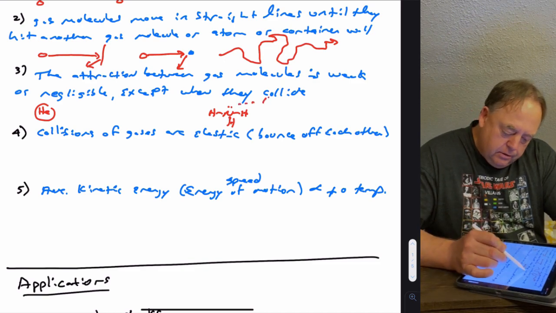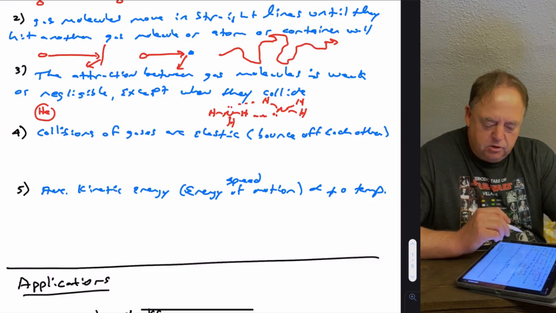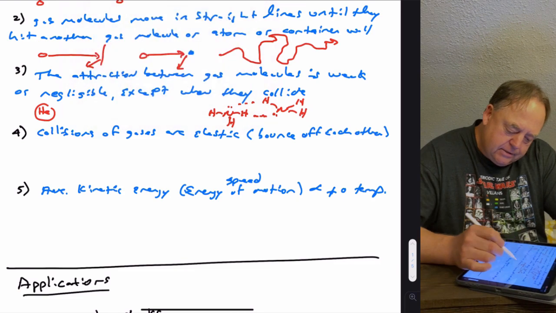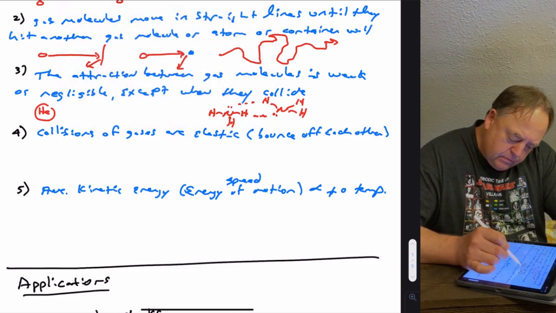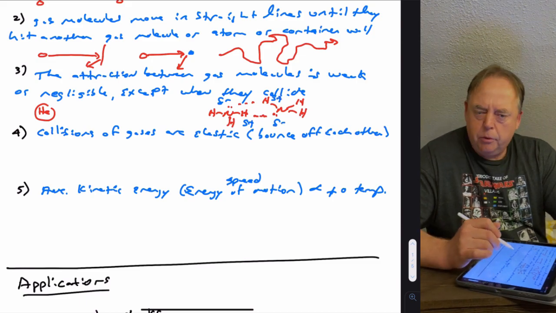Ammonia, though, it's not true that they're only attracted to each other when they collide, because ammonia molecules are attracted to each other all of the time, because hydrogens are partial positive and nitrogen is partial negative. So there's always an attraction between ammonia molecules.